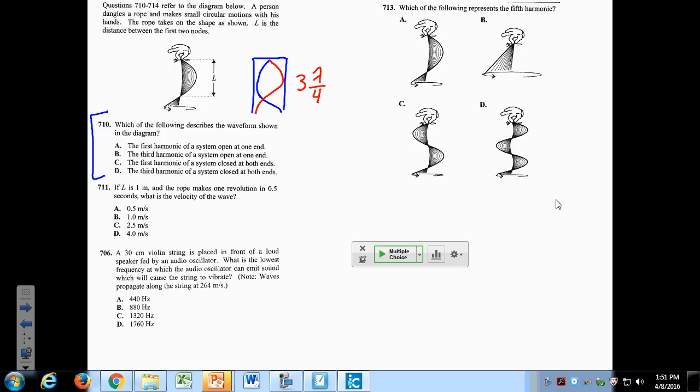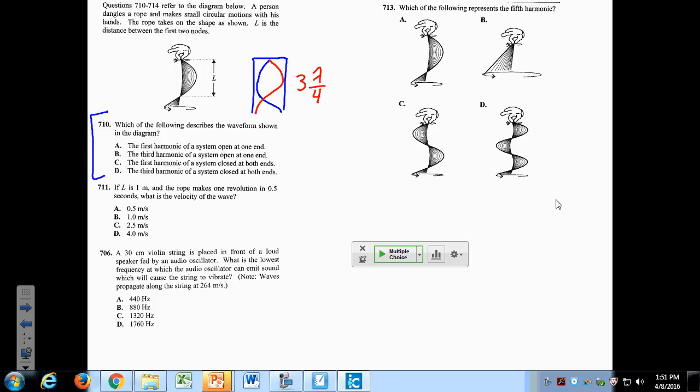Now the reason I know it's the third harmonic is because I know that it's a closed open tube, closed on one end, open on the other, so I count the number of quarter wavelengths. Here I have 1/4 wavelength, 2/4 wavelengths, 3/4 wavelengths. So that's how you know it's the third harmonic. With the other two, you count half wavelengths.